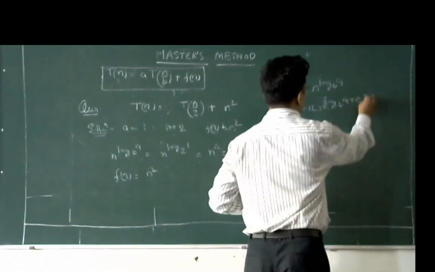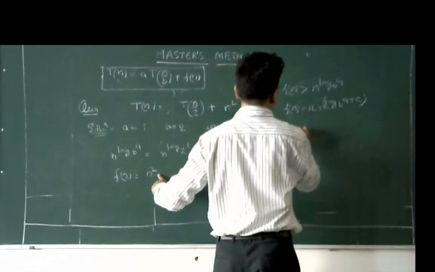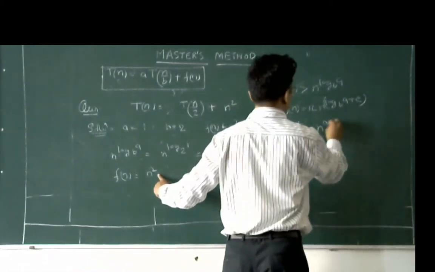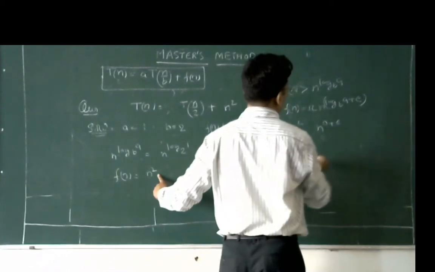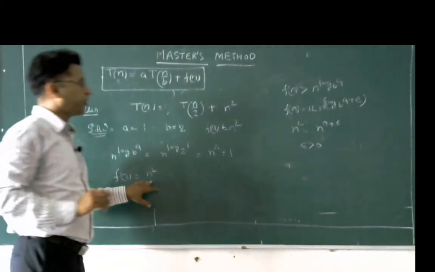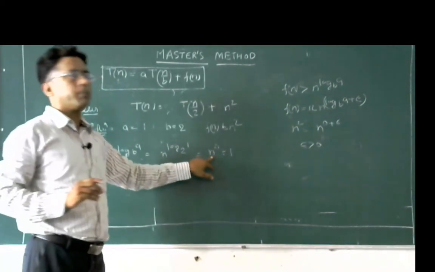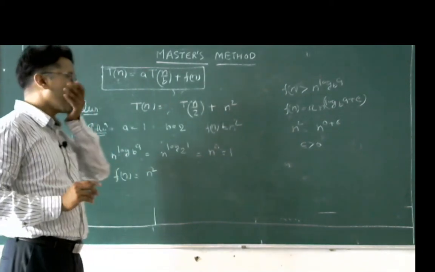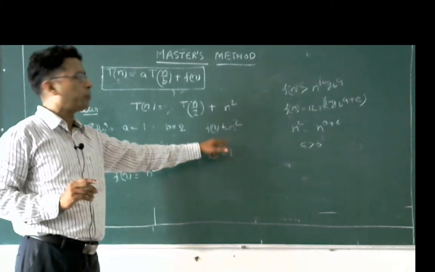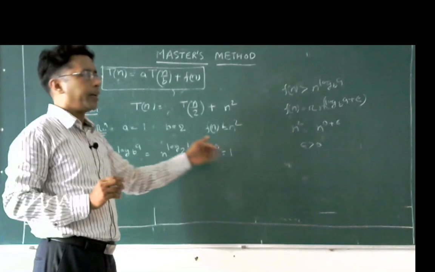So this is case 3 here, because f(n) equals n square, which is n raised to the power 0 plus epsilon, and epsilon is greater than 0. Here n raised to the power log a base b is equal to 1, and 1 can be replaced by n raised to the power 0. So definitely n square is n raised to the power 0 plus epsilon. So this comes under the condition of case 3.